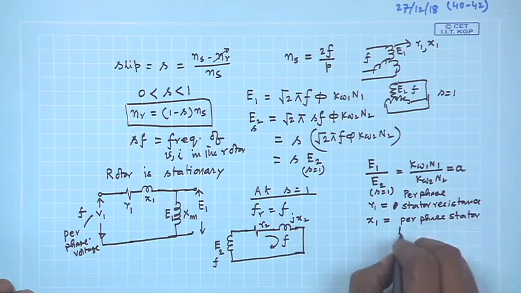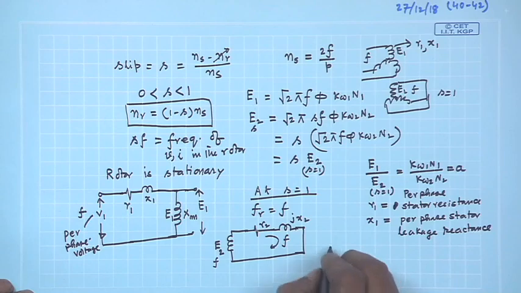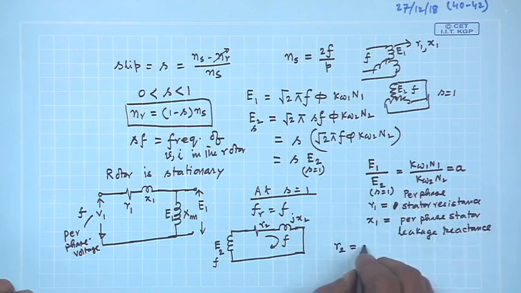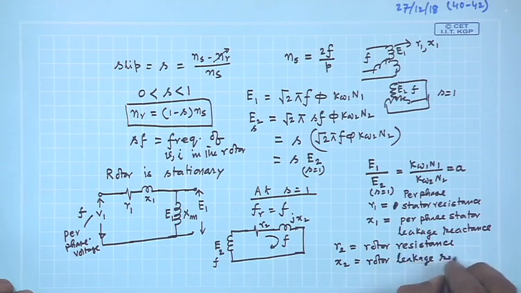R2 is the rotor resistance in ohm, obviously per phase, no point in writing per phase again, and X2 is the rotor leakage reactance per phase.